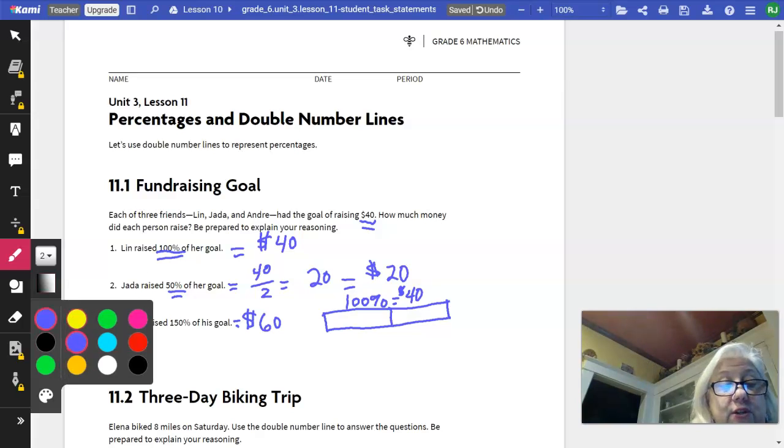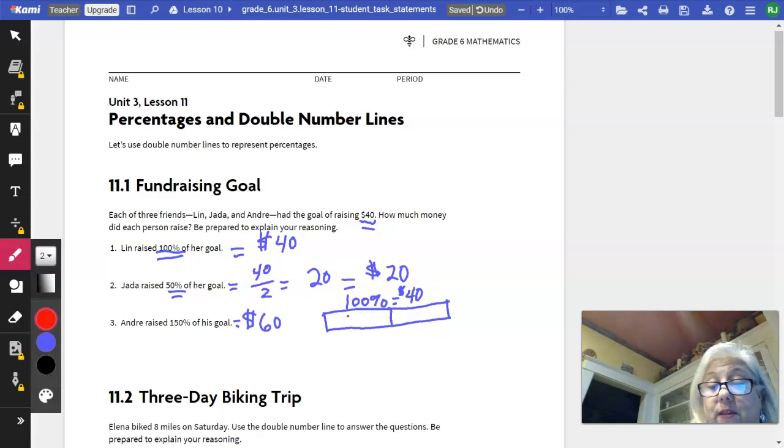So we know, let's change our color here, that this is $20 and this is $20. This equals 50%. So what do I need to put here?